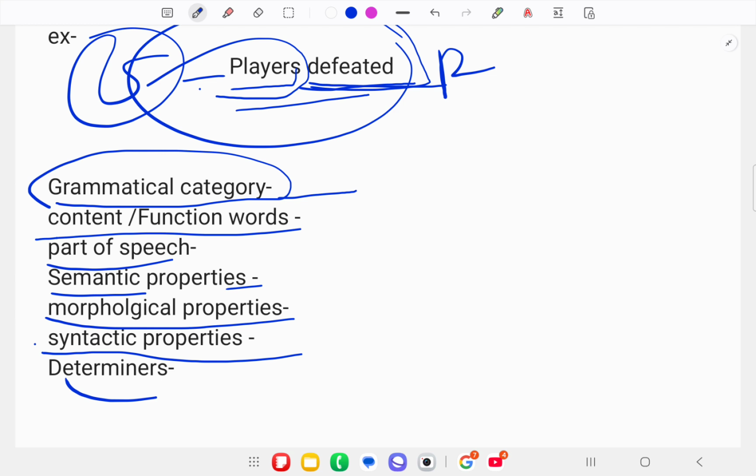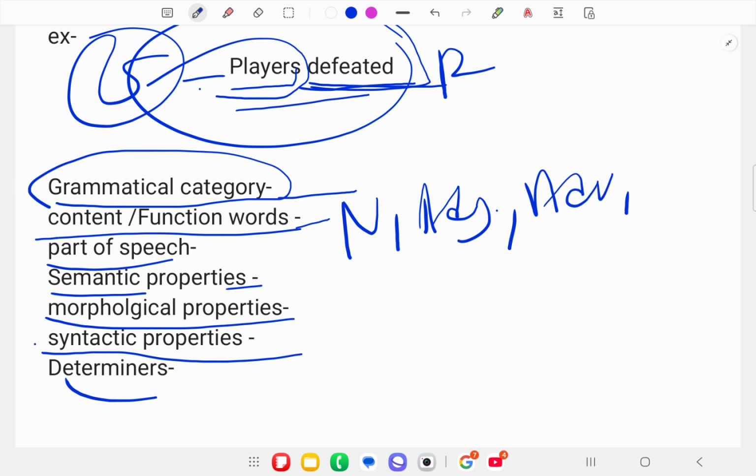Content words are also known as lexical words, while function words are also known as functional words. Content words are words to which we can attach something, like noun, adjective, adverb, verb, and also some of the prepositions, not all, only some of the prepositions.